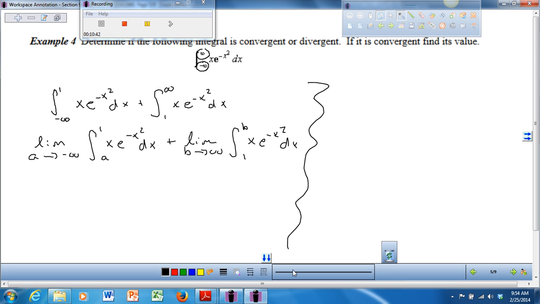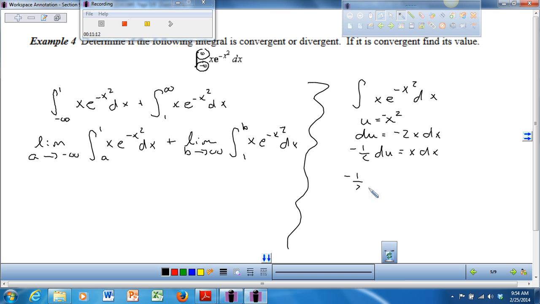And we need to do our actual integration, our actual antiderivative of x e to the negative x squared dx. How do I do that? U sub. Let u equal negative x squared, du equals negative 2x dx. So I'm looking at negative 1/2 du equal to x dx.